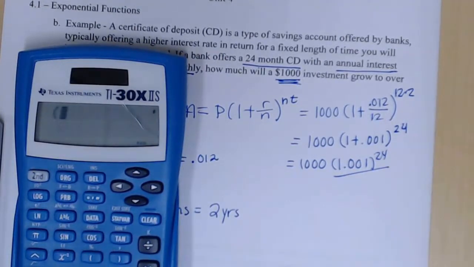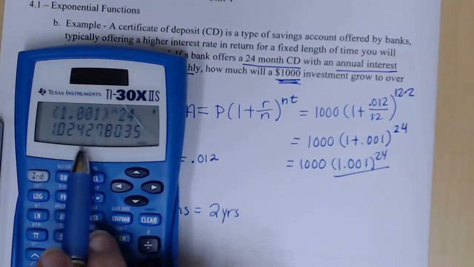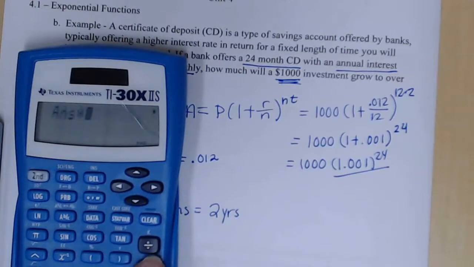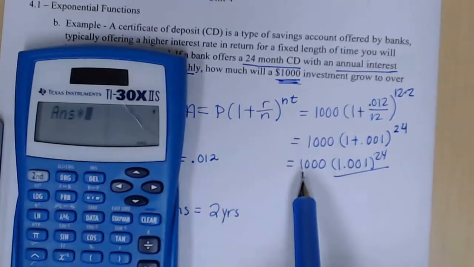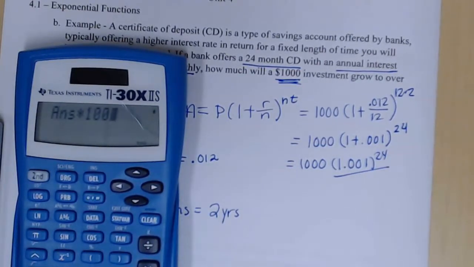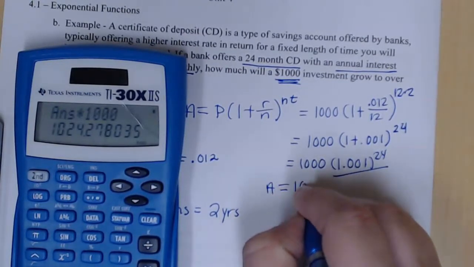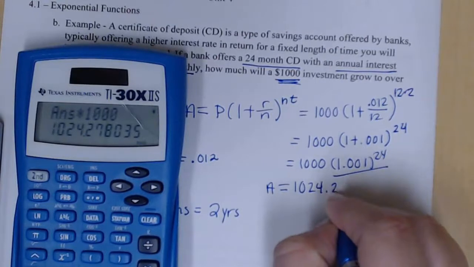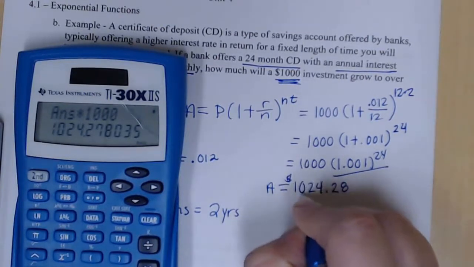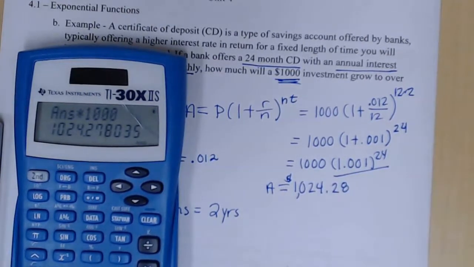So I'm going to say parentheses, 1.001 raised to the 24th. Retain that answer in your calculator, hit times, so it's going to take my answer times this 1,000. So I get A to be 1024.28.